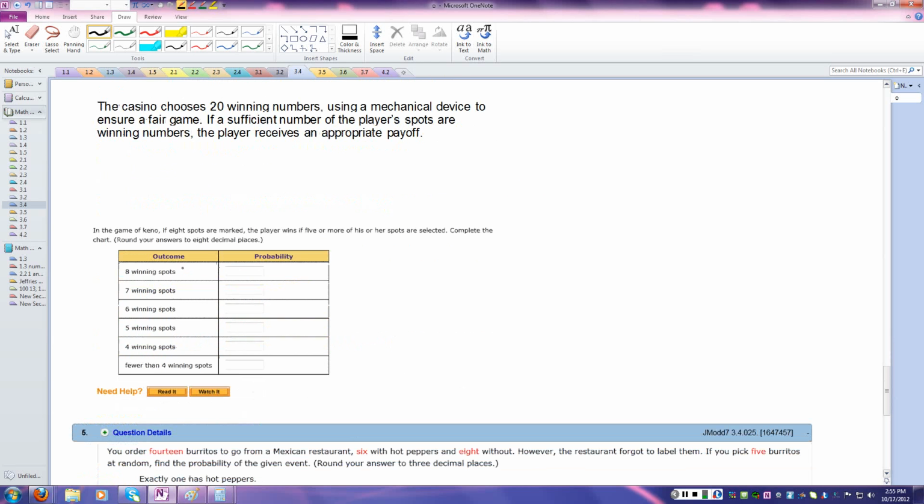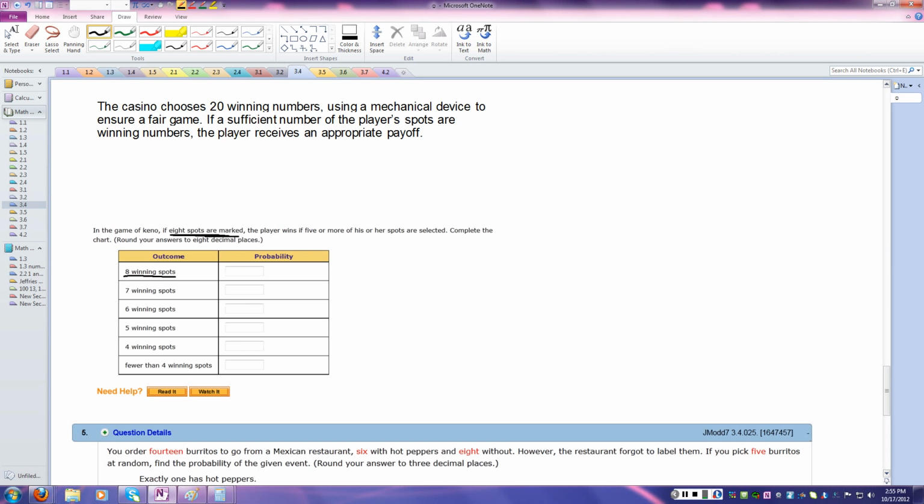So you have something like this. What's the probability of winning 8 winning spots when you get to mark 8 spots? If you get 8 winning spots, you get more money than if you have 4 winning spots, but we're not really going to be concerned with the money.